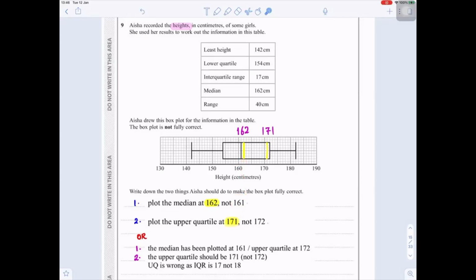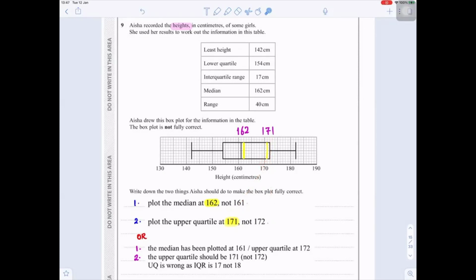So the median was plotted at 161 instead of 162. So that's one mistake. You can look now at the upper quartile. Plot the upper quartile at 171, not 172. So the upper quartile was plotted at 172 instead of 171. So that's a mistake done.